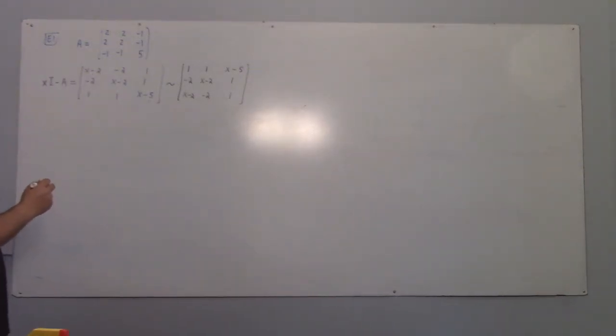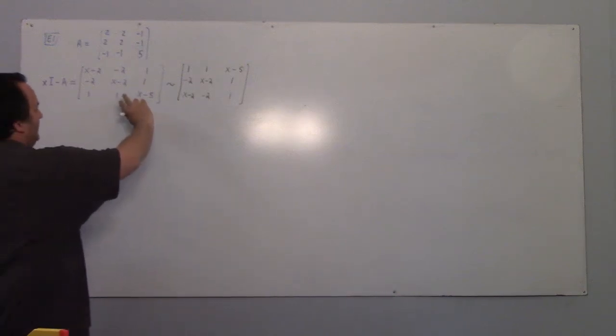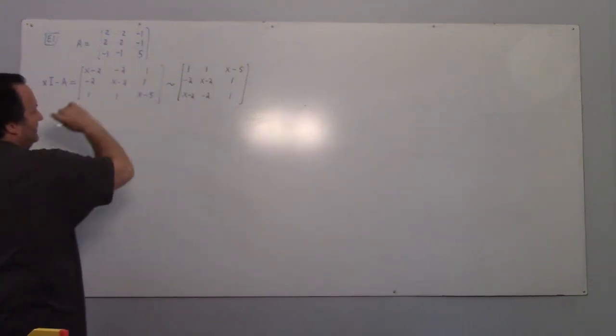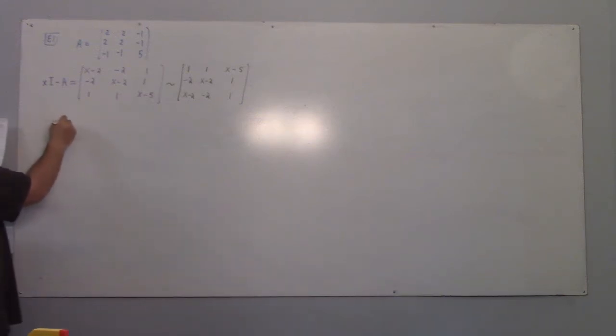So I think what happened here, Audrey, is I swapped. Looks to me like I swapped rows 1 and 3. Yes. All right. Now I'm going to do row 2 plus 2 row 1, and row 3.